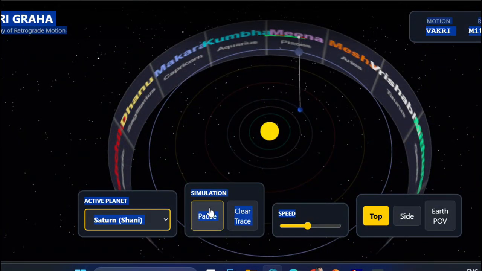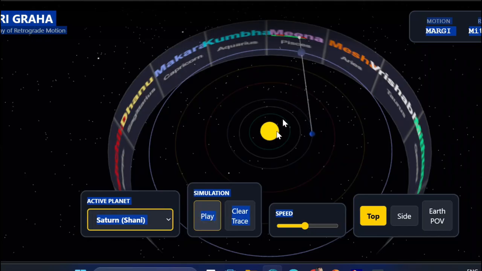So please see, within a Rashi itself, within a sign itself, Saturn is getting retrograde again and again. See, this Saturn is within this Rashi Pisces. It got retrograde here, and again it got retrograde here.